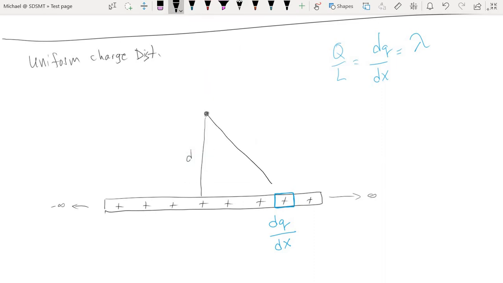We will have a distance of r that we measure from the charge to the point in space where we're trying to measure everything.